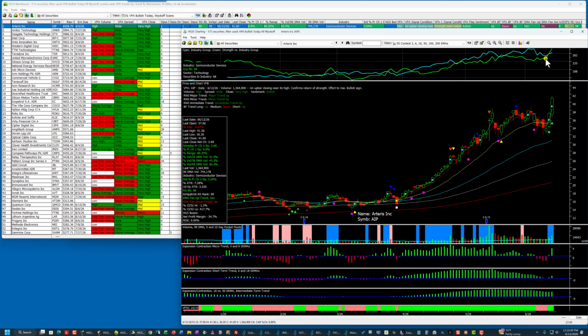The green is the strength versus the industry group, and the cyan is the actual industry group. So this stock, as of the last 2 days, is pointed up here, outperforming its industry group. Now, maybe a little bit late to chase it right now, but maybe not. These stocks have a tendency to keep going.